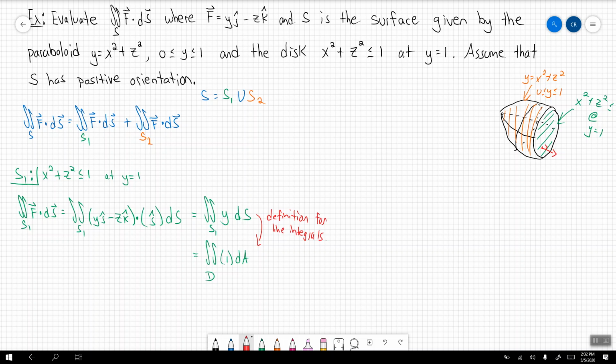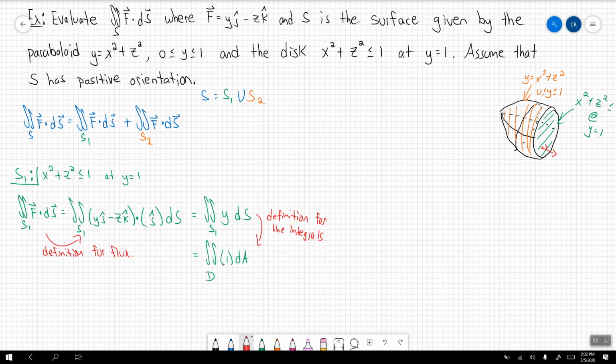And what did I use from here to here? I used the definition for flux. So I took this definition for flux and embedded the components for this specific surface. Once I did that, I was then able to use the definition for line integrals, which means now I'm just trying to calculate an area, because my integrand is 1.